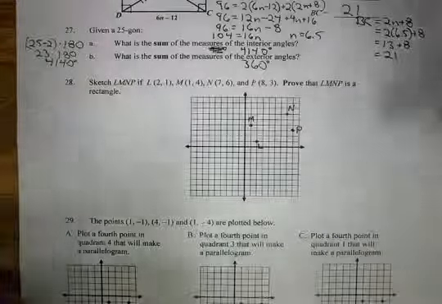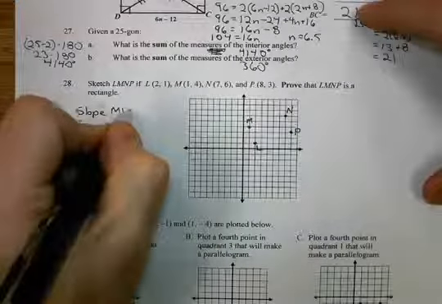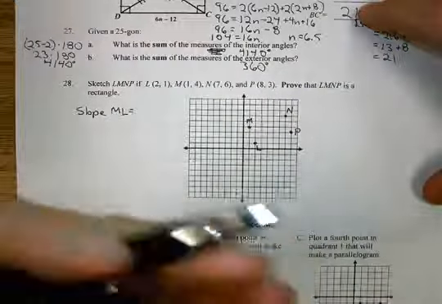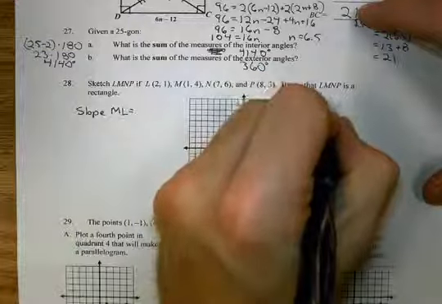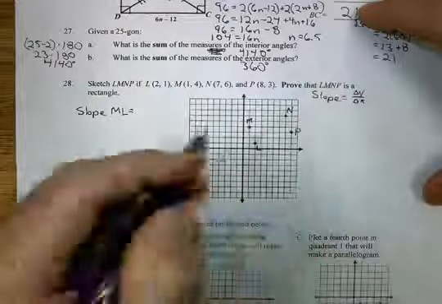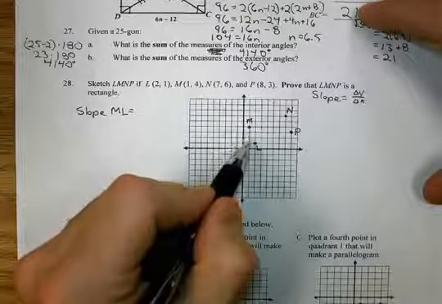So let's start with the slope of each line. The slope of ML, and we could use the slope formula here, but I'm just going to use that idea that change in y over change in x is slope. How did we change to get from M to L? From M to L, I went down 3, right 1.